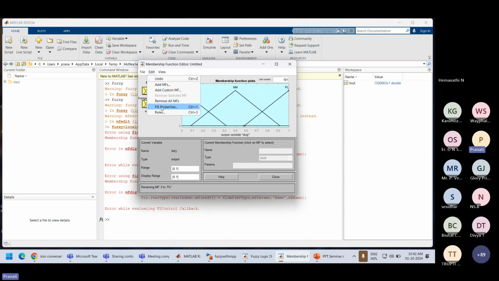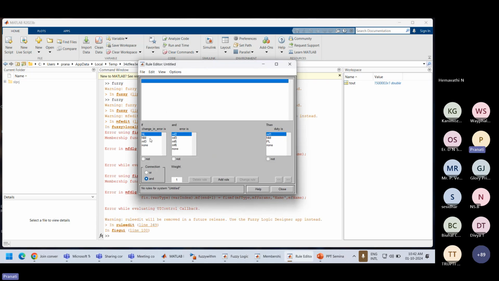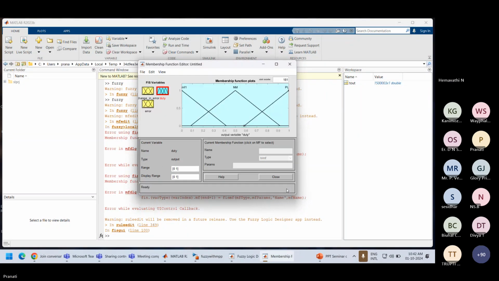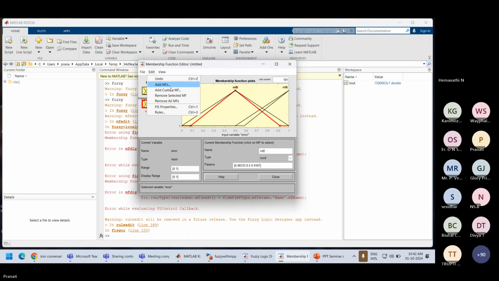Okay, then FIS rules. See, we can put when negative large, and this is error. We can remove selected membership functions.